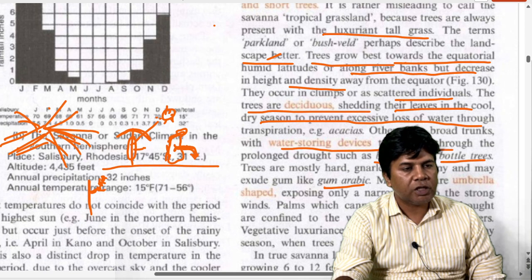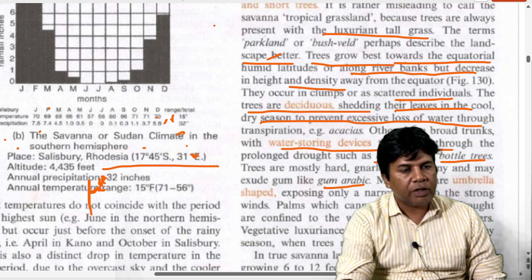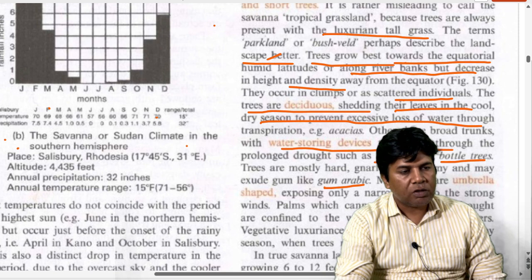Ephemerals means they basically remain dormant during the dry season, and they will spring up as soon as the rainfall starts.